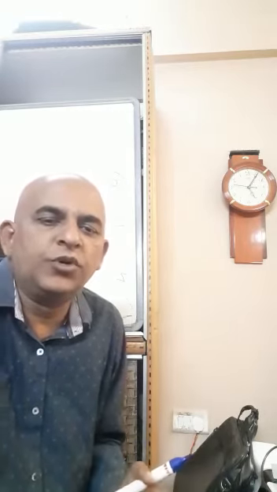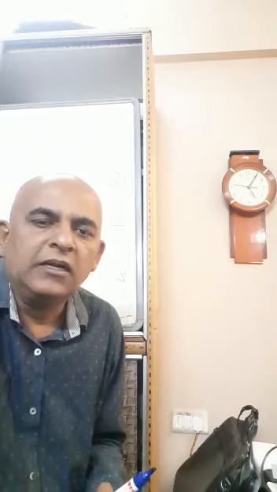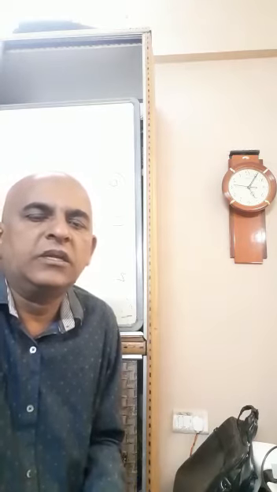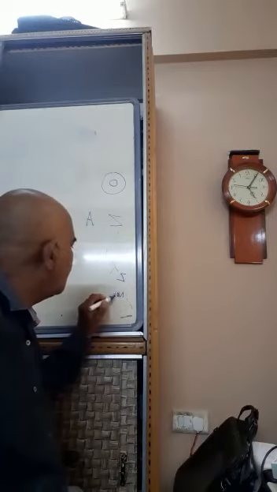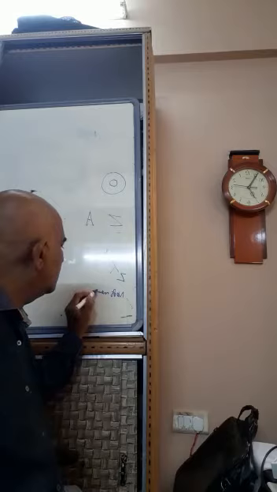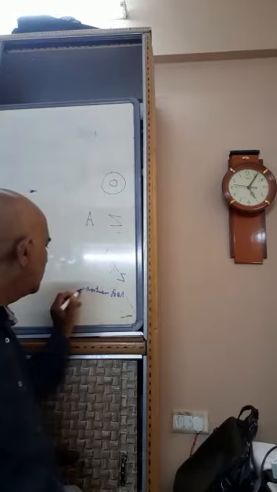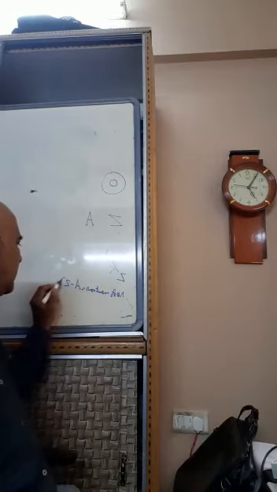Mass number means both protons and neutrons inside the nucleus. Therefore, the number of neutrons is equal to mass number minus atomic number, that is A minus Z.